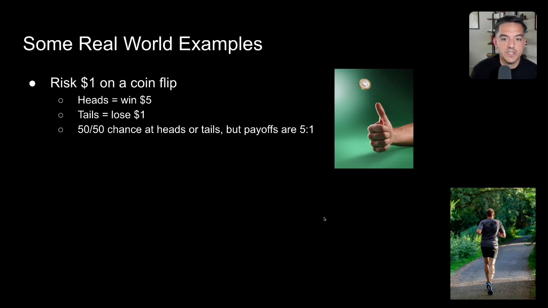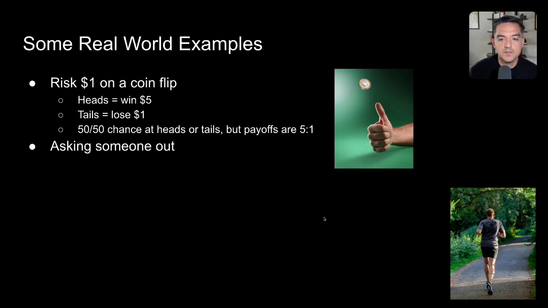So 50-50 chance of heads or tails, but the payoffs are 5 to 1. So right there, that's an example of asymmetric upside. If you could be in situations where you could guarantee those payoffs, you would do that all day, every day, with pretty much all the money that you could possibly spend.